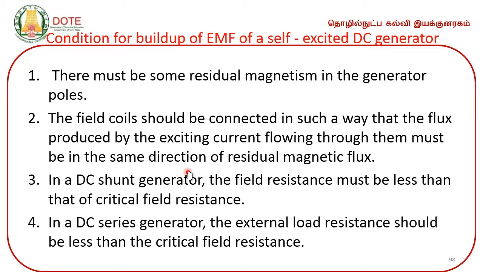Number 3, in a DC shunt generator, the field resistance must be less than the critical field resistance. Number 4, in a DC series generator, the external load resistance should be less than the critical field resistance.